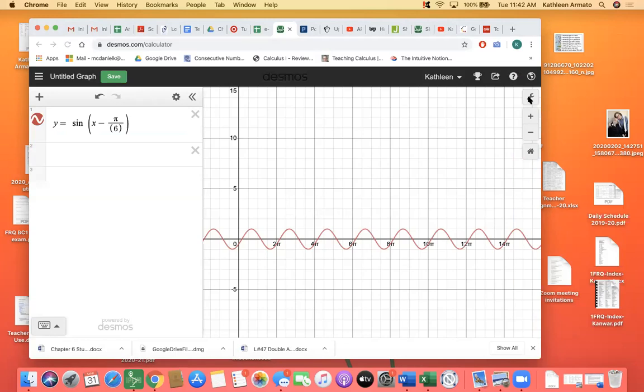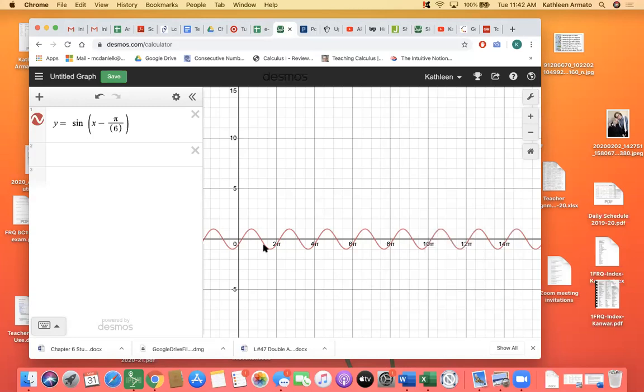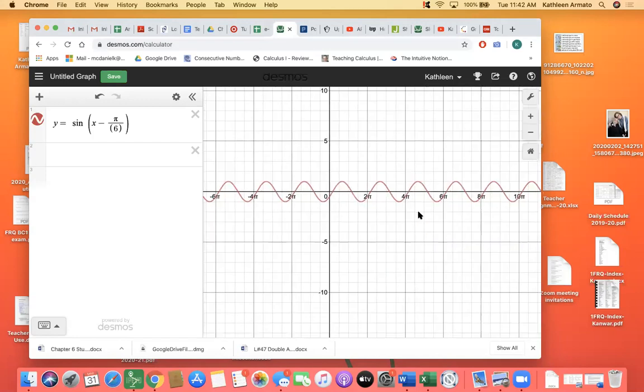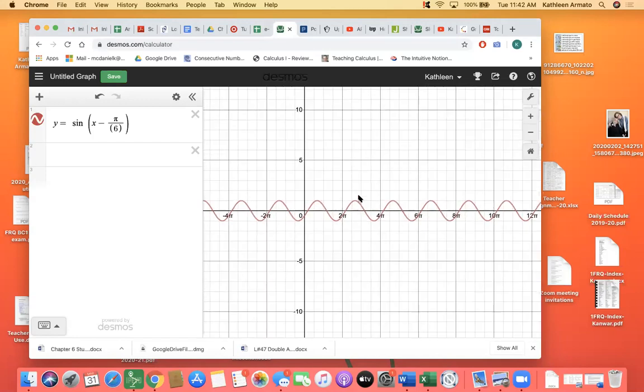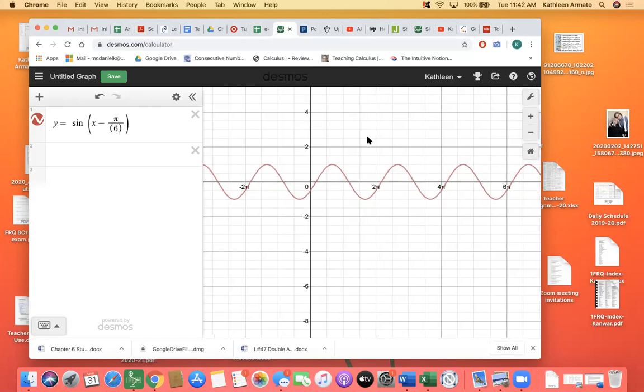I need you guys to say yes or no. Yep. Okay. So you go to this little wrench thing and you can say, let's step by, maybe every pi over, in this case, pi over 6, so that we have radians in terms of pi on the x-axis. We have radians anyway, but that gives us in terms of pi.